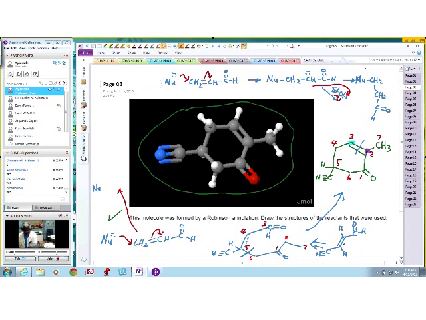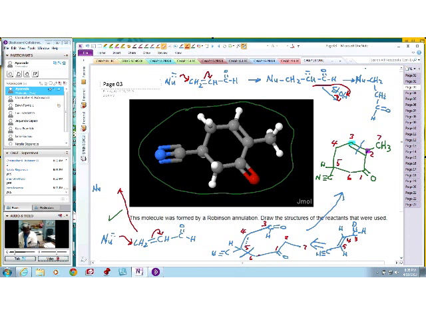You look at this, you have this carbon, which is carbon number 3. This is carbon number 4. This is carbon number 5. And of course this is your cyano here.